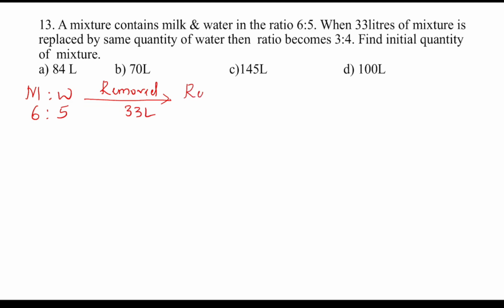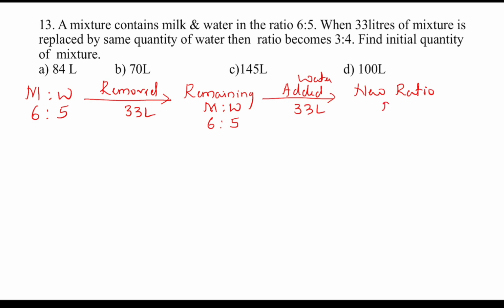So whatever is the remaining mixture, the remaining mixture also will have milk is to water in the same ratio, that is 6 is to 5. Then they are saying again same quantity of water is added. Again water is added of same quantity, that is 33 liters. Okay, so then the new ratio will become how much?